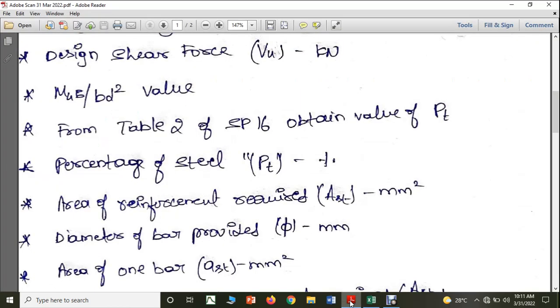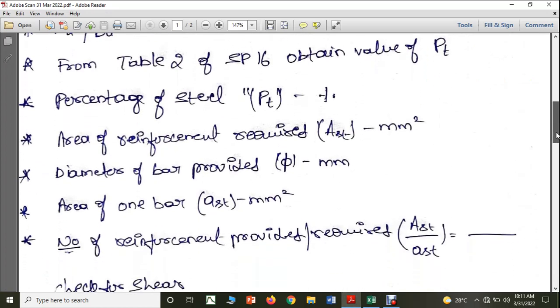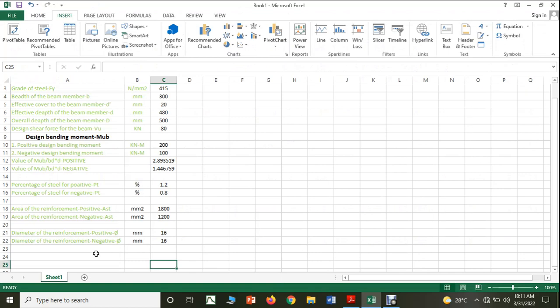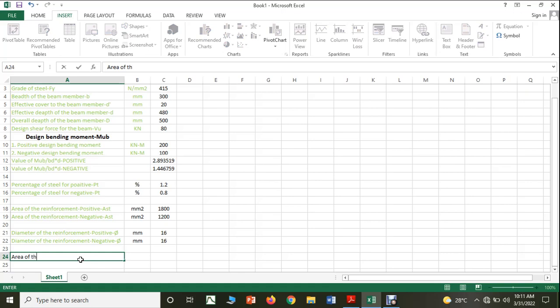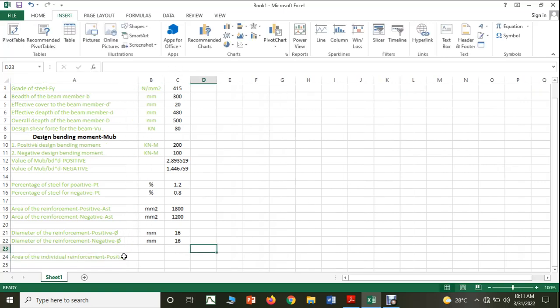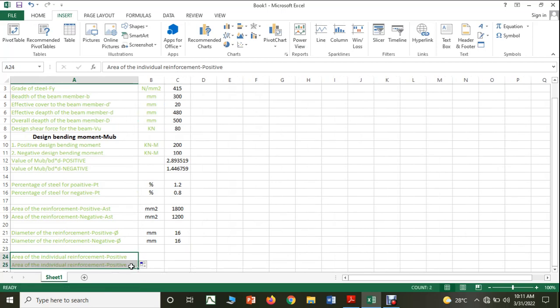Before I find out the number of bars, I need the area of one reinforcement. So I'm providing the area of the individual reinforcement, again positive. Next is negative.